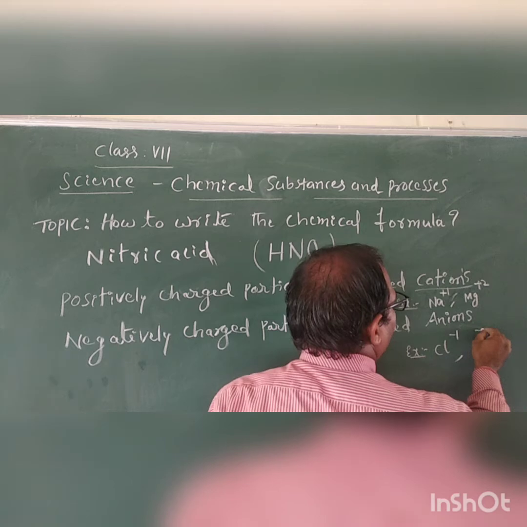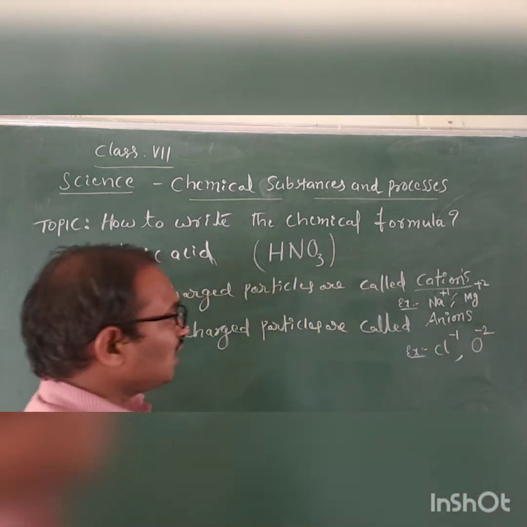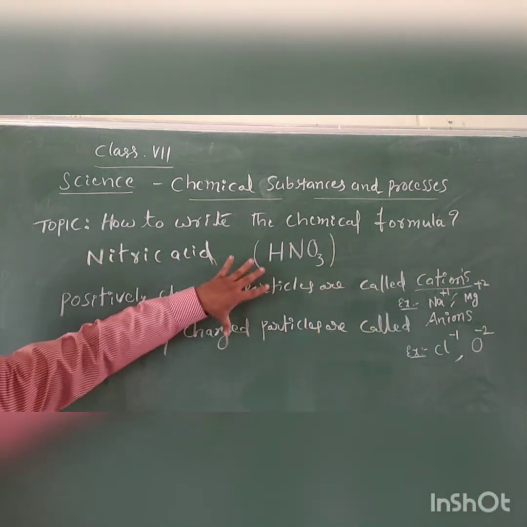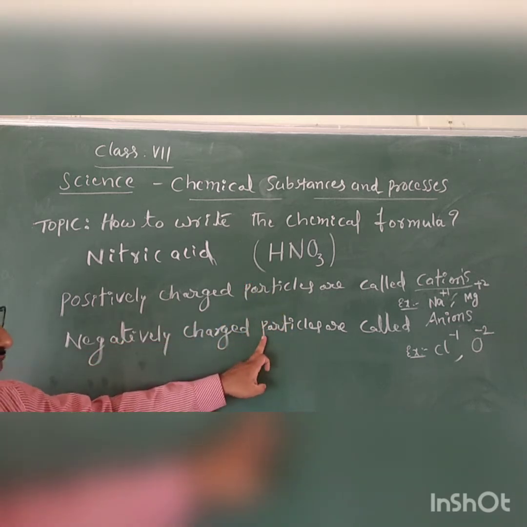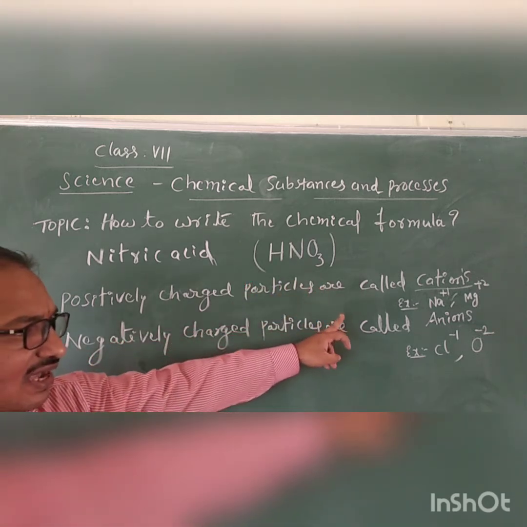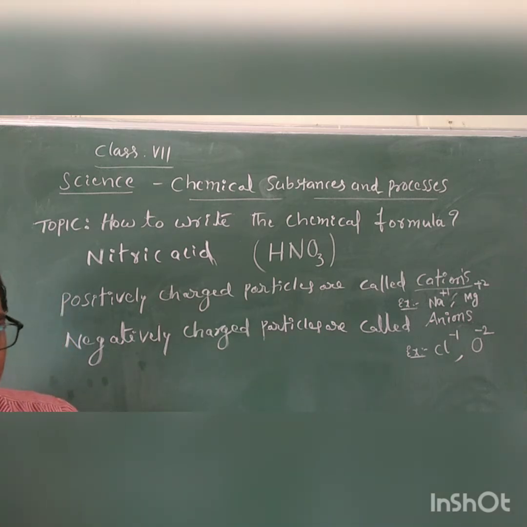Oxide ion, O-2. Most of the chemical substances are made up of some cations and anions. Now we should know about cations and anions, and then with the help of cation and anion we can write the formula of the compound.